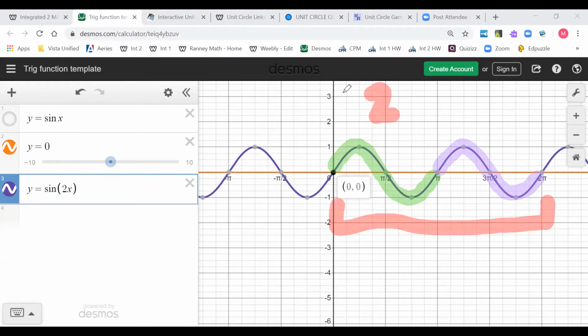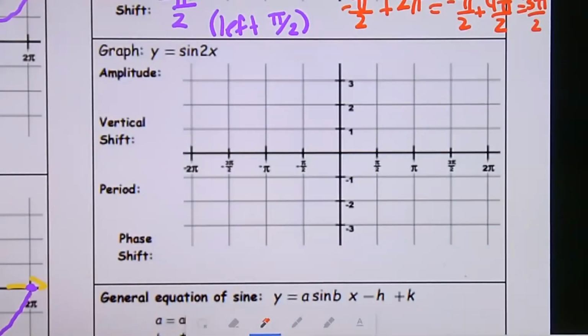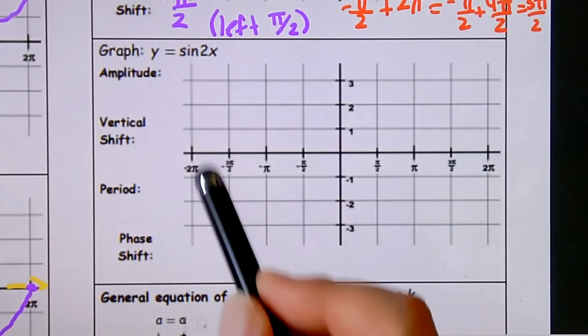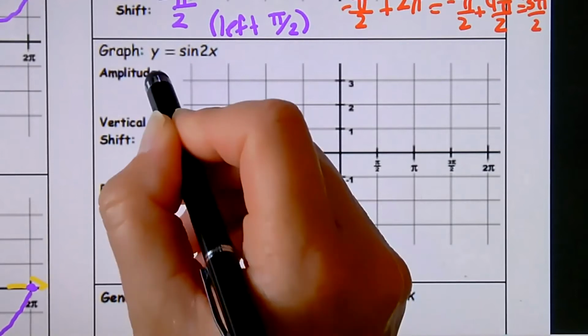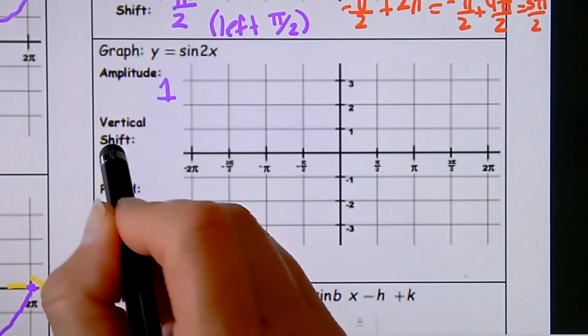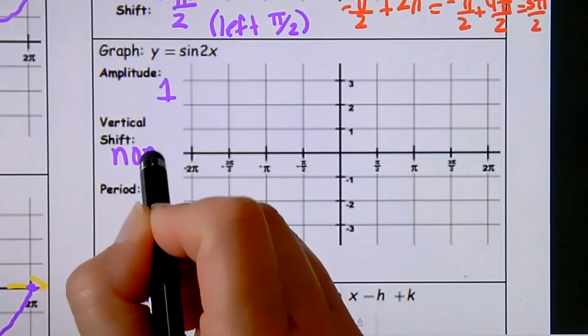Okay, so now let's get back to the other screen and let's do this. I have just a regular amplitude of 1. My vertical shift, I had none.